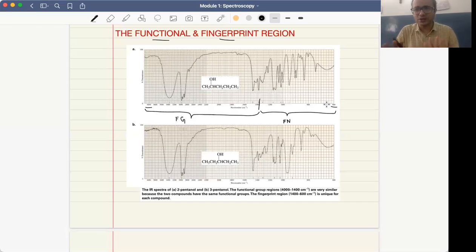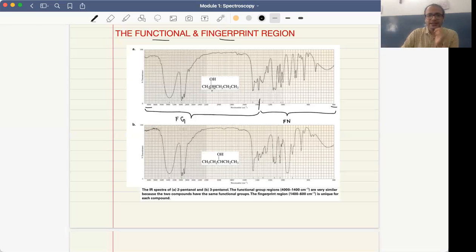As you know, every one of us has a fingerprint, and that is unique to an individual. You cannot have two different people with the same fingerprint. In the same way, even though we have two isomers of a molecule which have the same set of functional groups, still the fingerprint region will be pretty different for each of the molecules.